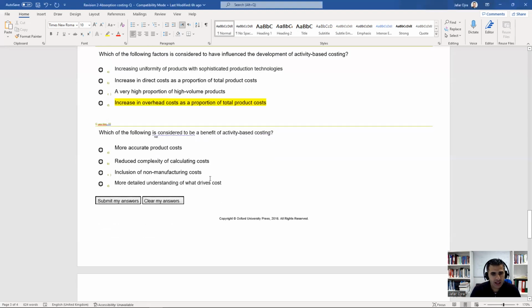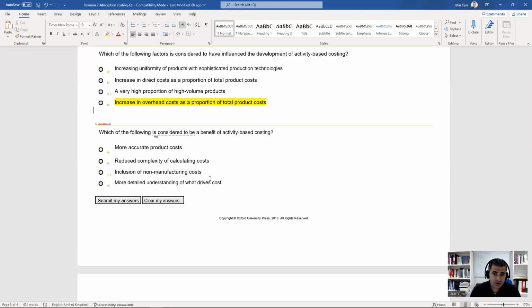Question number 10: which of the following is considered to be a benefit of ABC? ABC has a lot of benefits. Compared with traditional absorption costing, it calculates the cost more accurately, and it also reduces the complexity of calculating the cost.